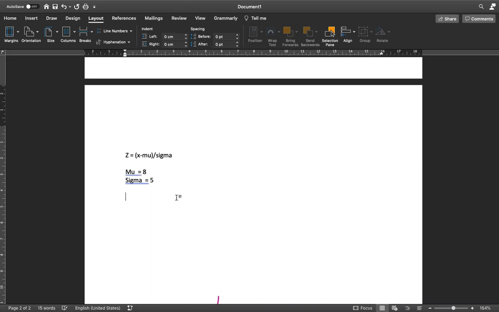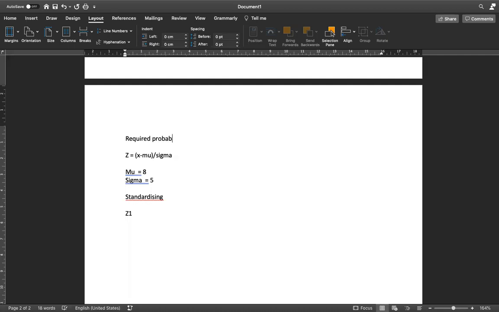All right. So the next thing is for us to standardize, isn't it? So what do you have? The value of X is not there. Remember that this is the required probability.